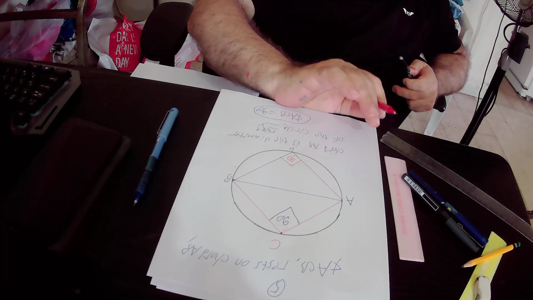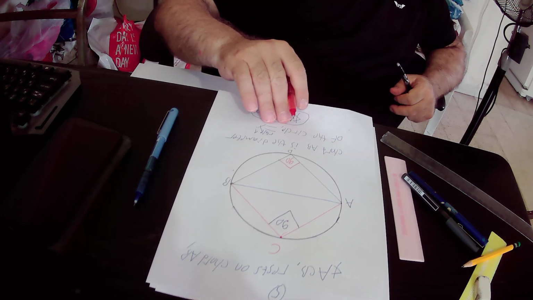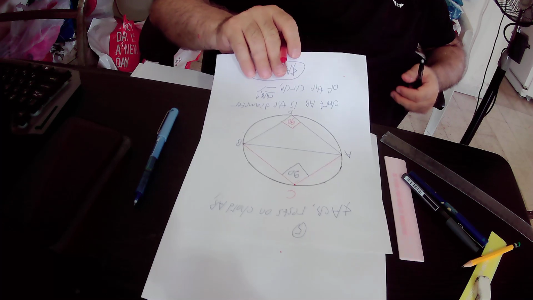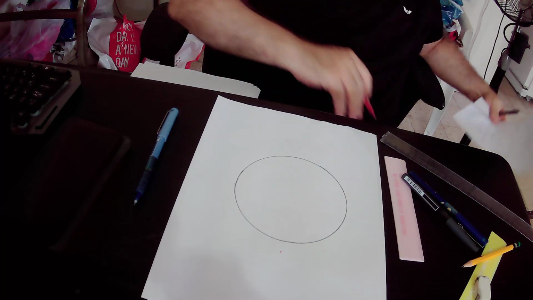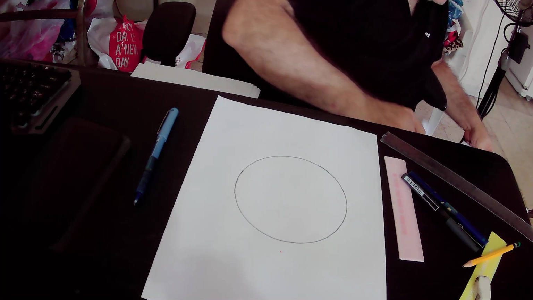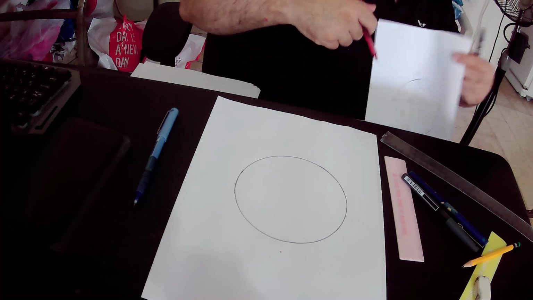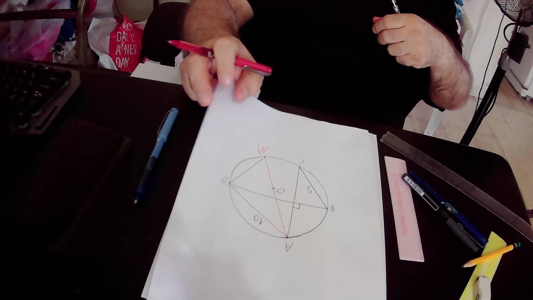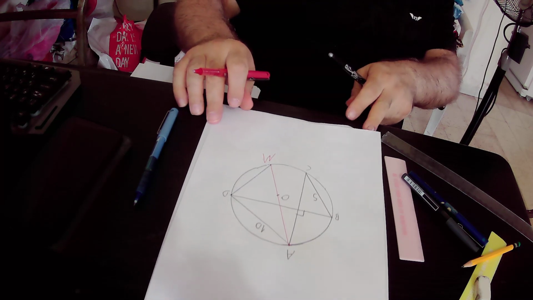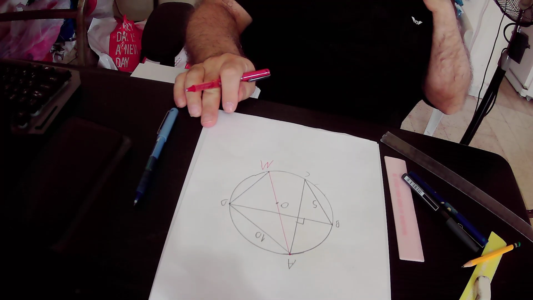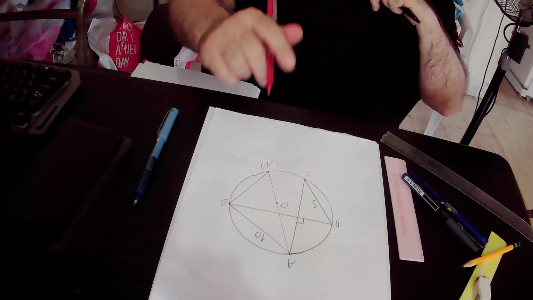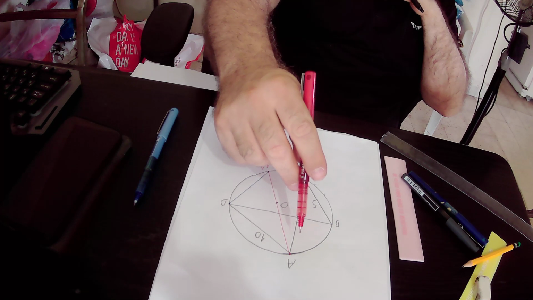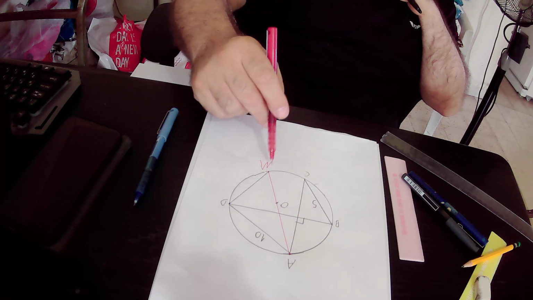Okay, we actually can implement this rule in our circle. Because in our circle we have the peripheral angle ADM.